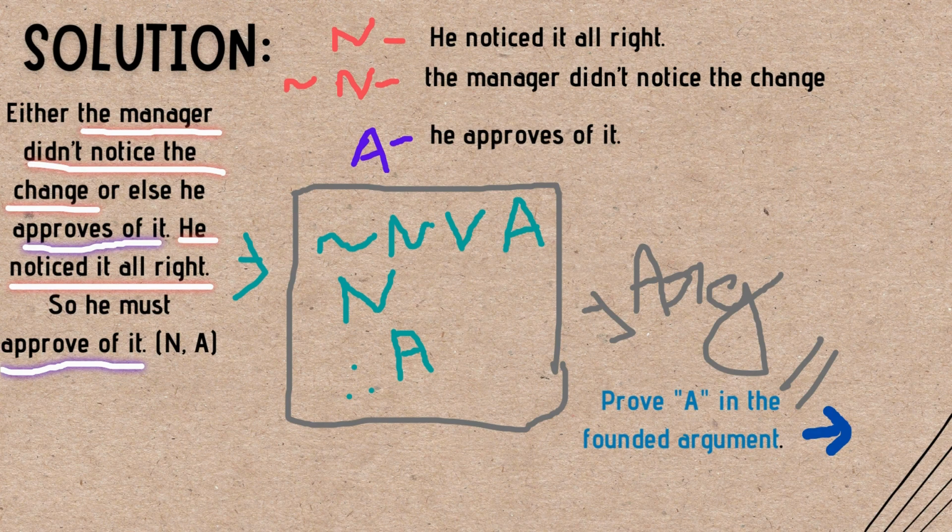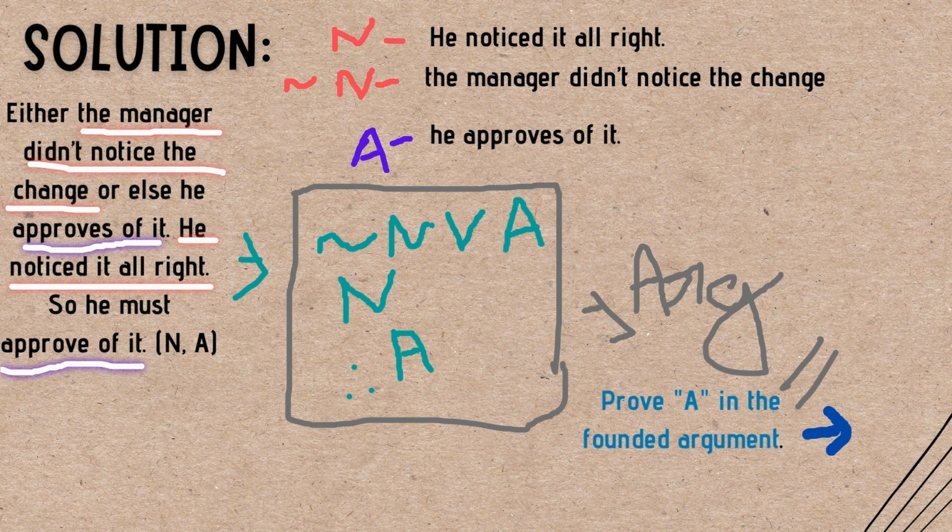In the first sentence, the manager noticed, we gave n, so the third sentence also gets n. The fourth sentence is approve of it, so we assign a again.